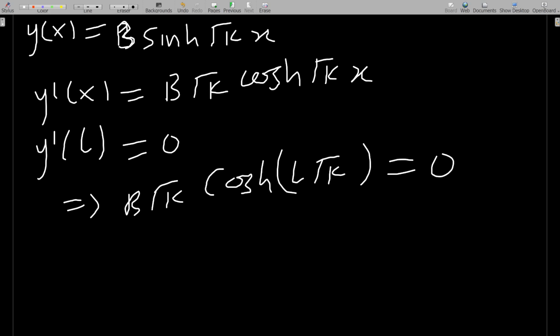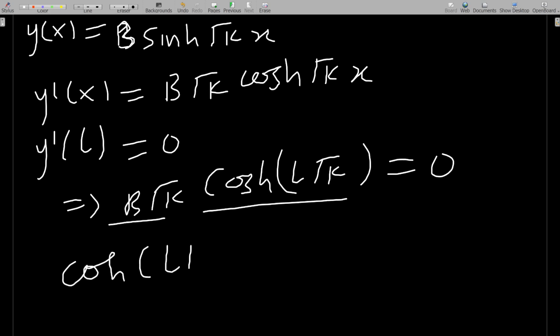Now I have a product of two things giving 0. You see that this is 0 or that is 0. But let's consider the cosh being equal to 0. You can check the cosh function on your calculator. There's nothing that you have the cosh of that will give you 0, so this will never be equal to 0.